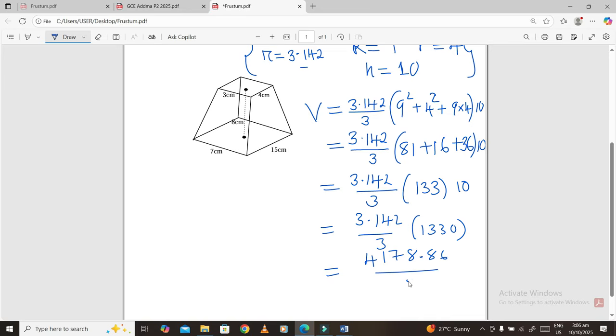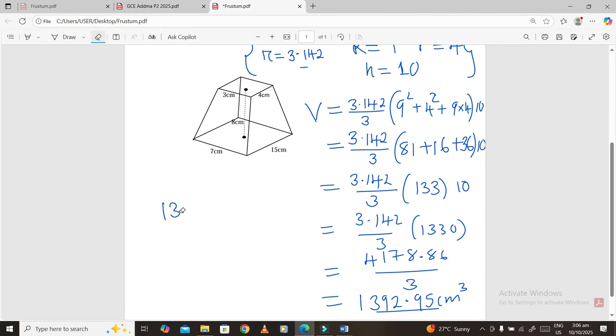This, of course, is giving us 4178.86. We divide by 3, and this is coming out to be equal to 1392.95 centimeters cubed. That's volume. So we can write our answer in 3 significant figures. Let me clean it up.